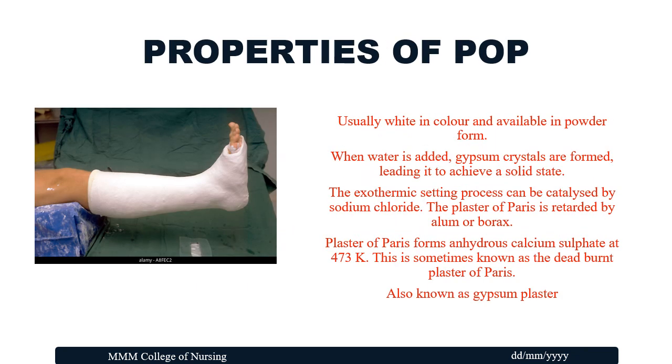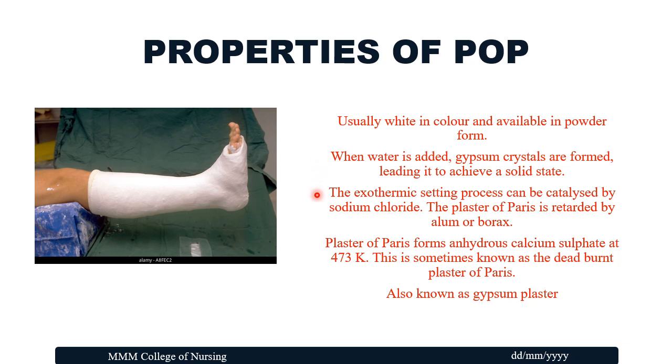So what is the composition of plaster of Paris? It is usually white in color, as you see here, and is also available in powder form. When water is added, gypsum crystals are formed, leading it to achieve a solid state.